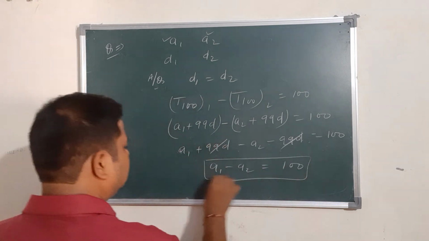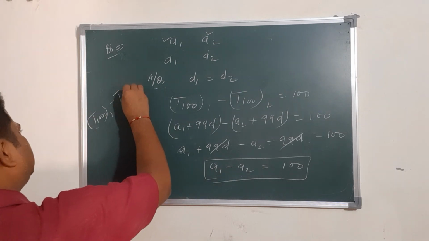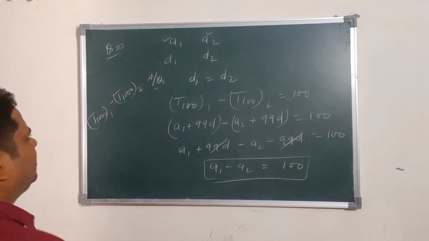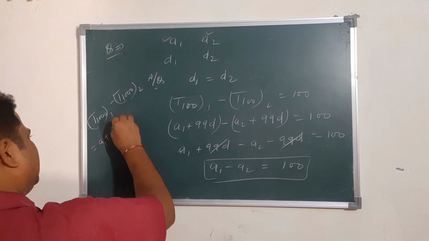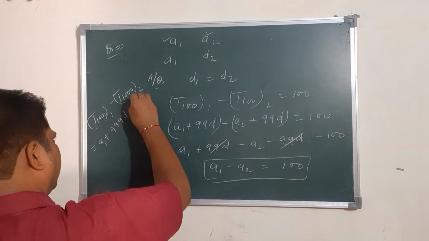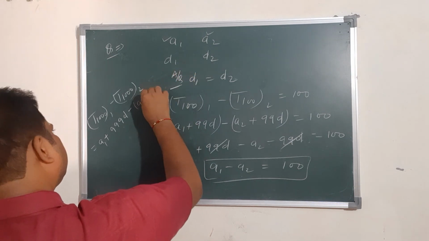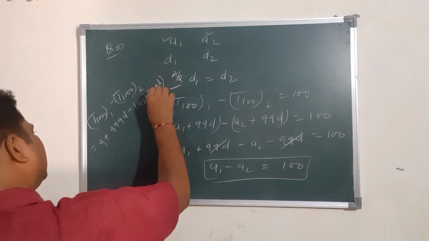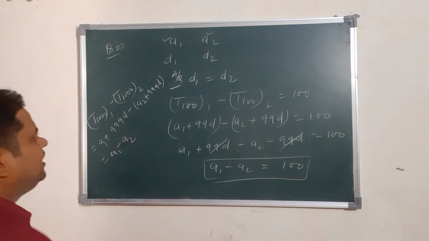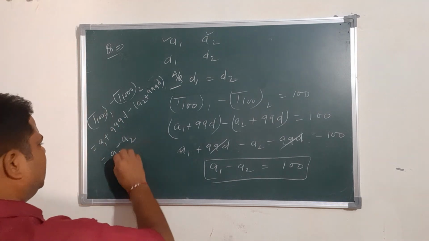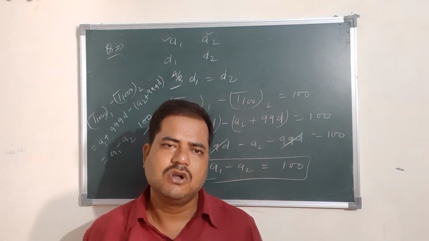So T1000 of the first minus T1000 of the second, that means their 1000th term difference, is A1 plus 999D minus A2 minus 999D, and you see here A1 minus A2, because 999D is cancelled out and this will be 100. So their 1000th term difference is also 100 only.